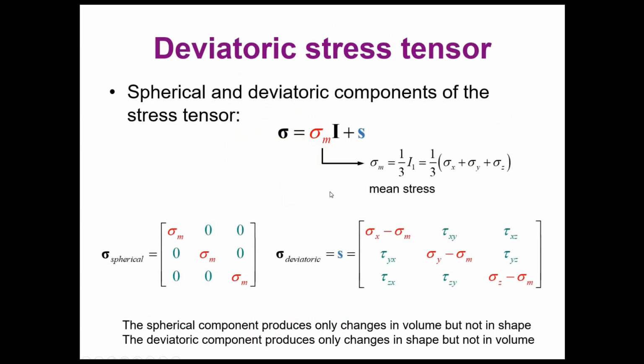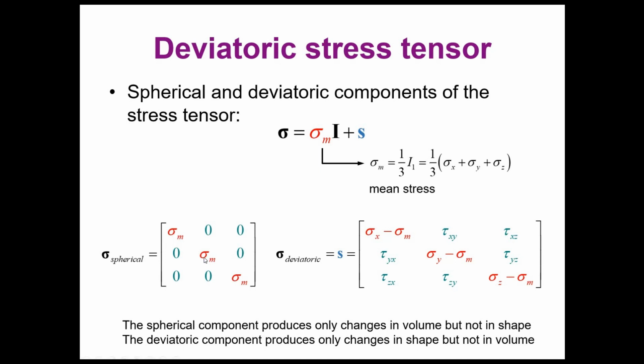The other important concept regarding stresses and the stress tensor is that any stress tensor can be divided, or split, into 2 components, one called the spherical stress tensor and the other called the deviatoric stress tensor, following the nomenclature here. Basically, the spherical stress tensor is the average of the axial stresses multiplied by this I here, that is the Kronecker delta, or you can call it the unity matrix.